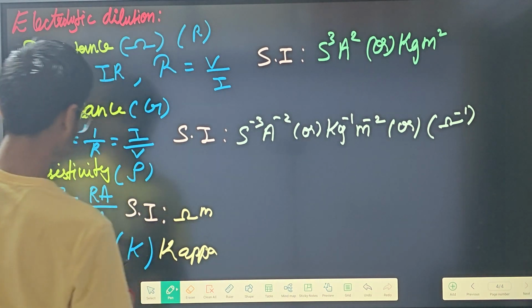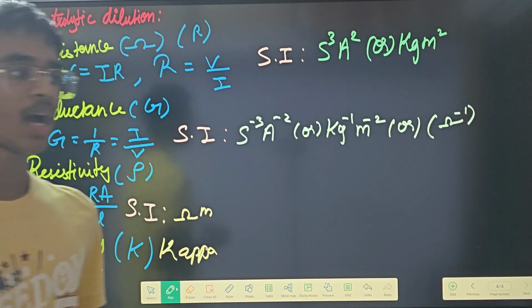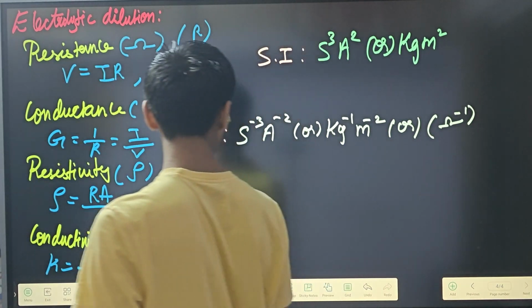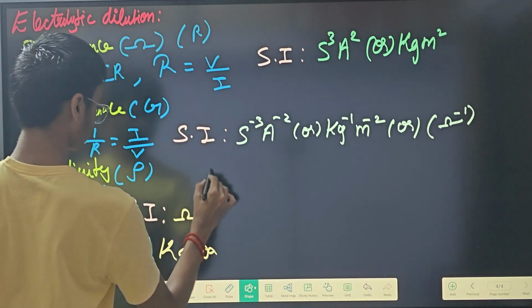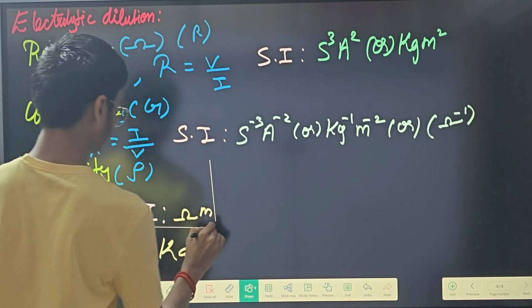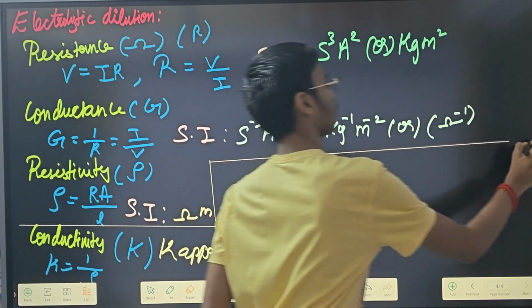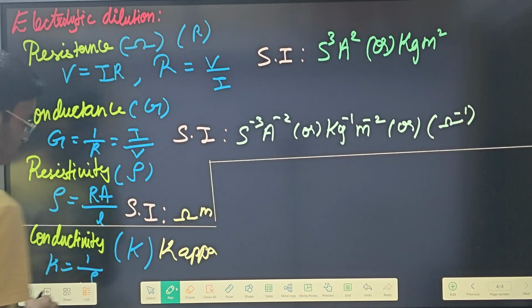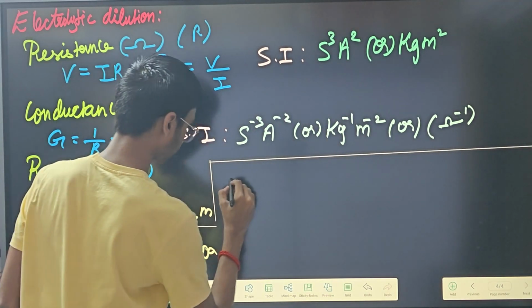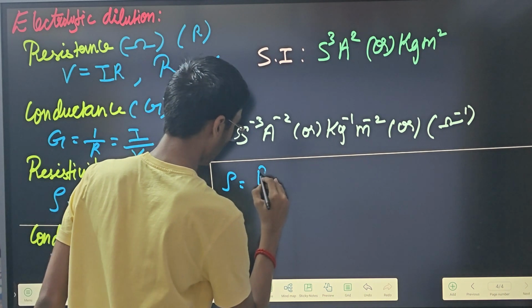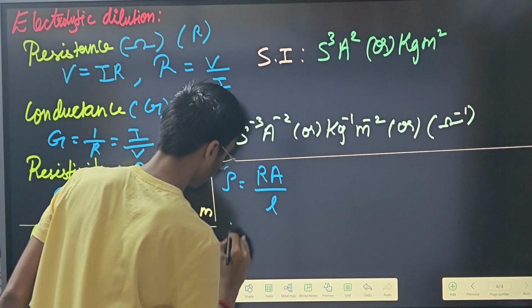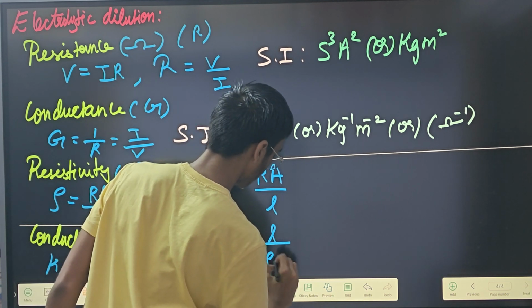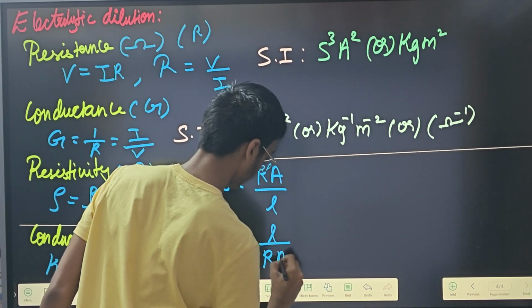It is the exact reciprocal of resistivity. We know that rho is equal to R into area by length. So kappa is equal to length divided by R into A.